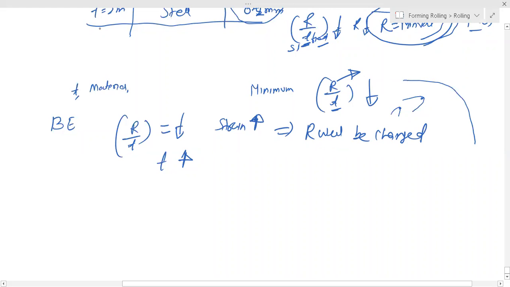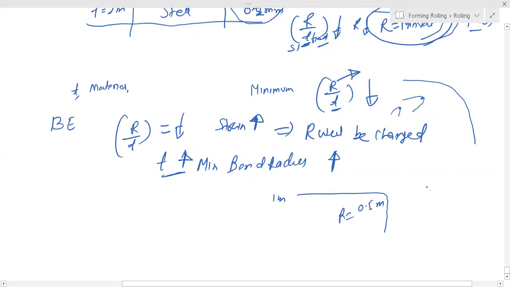So once you increase the thickness, minimum bend radius will increase. Yes, you cannot bend a 1 mm thick sheet and then say, sir, 0.5 mm radius for a 10 mm thickness sheet. You cannot bend this much. You have to bend like this. R will be more.